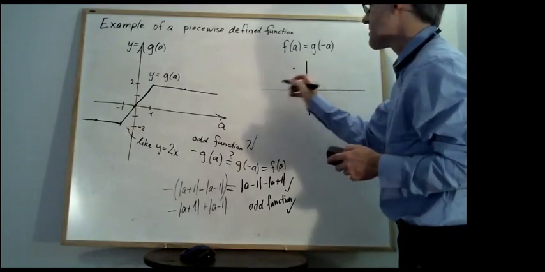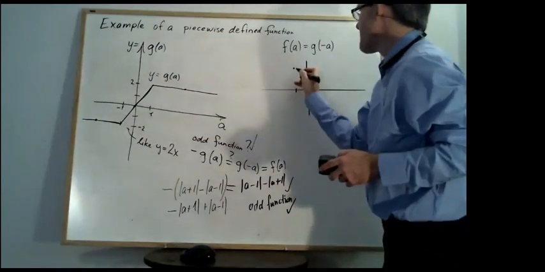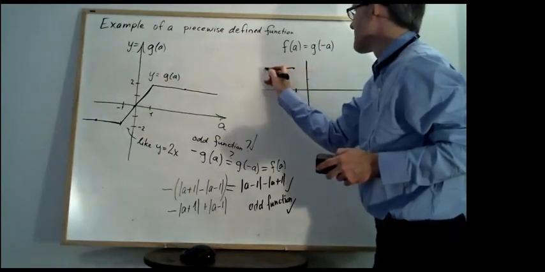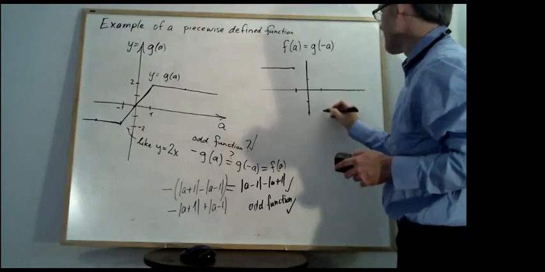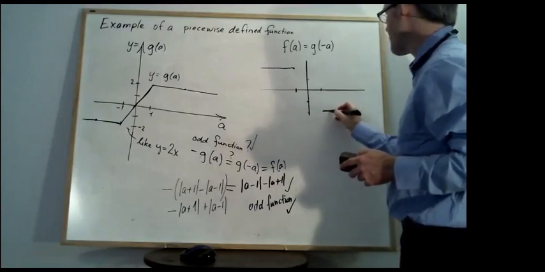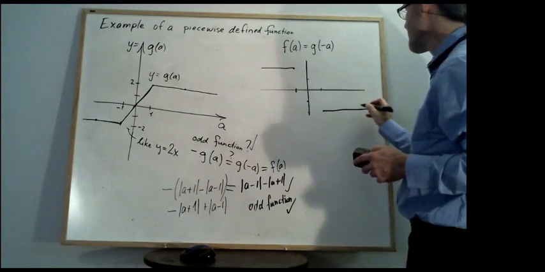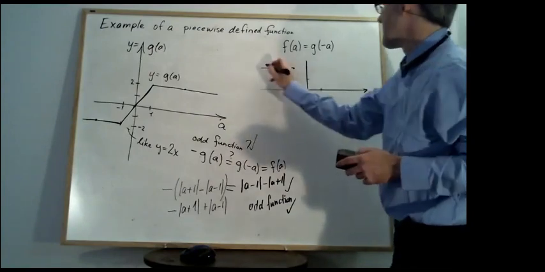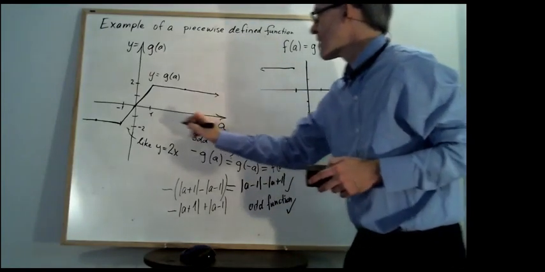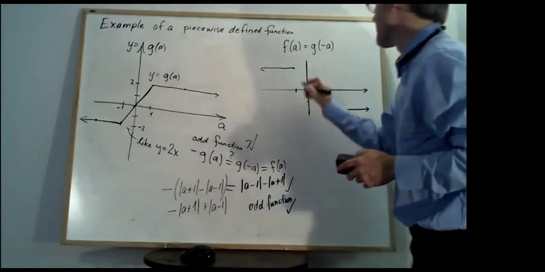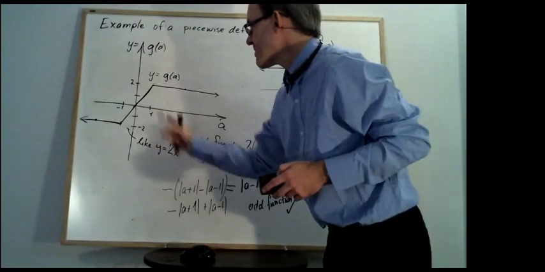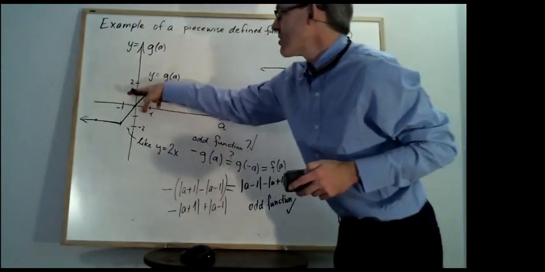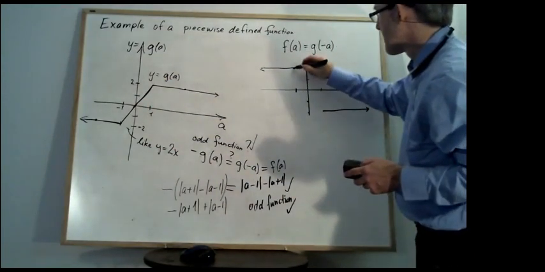So now the minus 2 becomes plus 2, and the plus 2 becomes minus 2, those constant functions. This keeps on going, by the way. And then between, this graph, instead of plus 2a, becomes minus 2a, since I'm just changing the slope. The y-intercept stays the same.